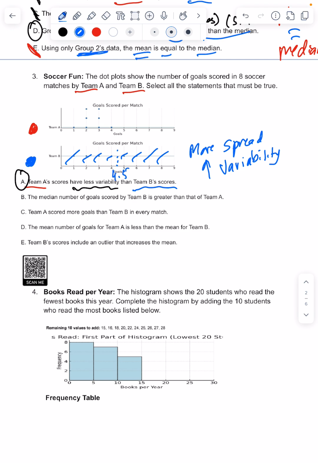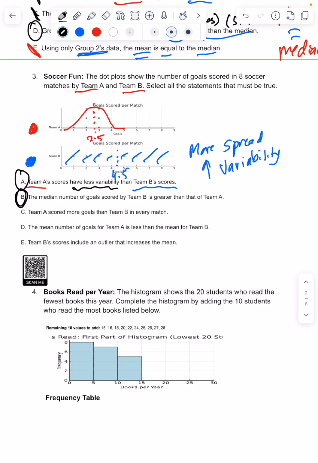And same thing with A, right? It's symmetrical. You can see it's the same on both ends. So again, the middle of that is around 2.5. So in this case, the median of scores for Team B is greater than Team A. So yes, that is also true, right? We have 4.5 versus 2.5.